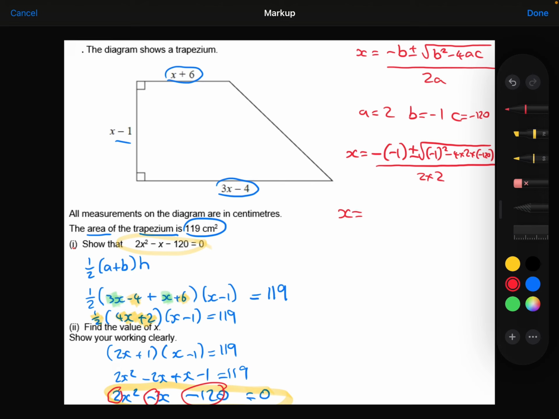On my calculator then I get two solutions for this. I get x is either 8 or minus 7.5. The negative 7.5 doesn't make any sense. You can't have a negative length, so I'm going to ignore that solution, and the correct solution is that x is 8.